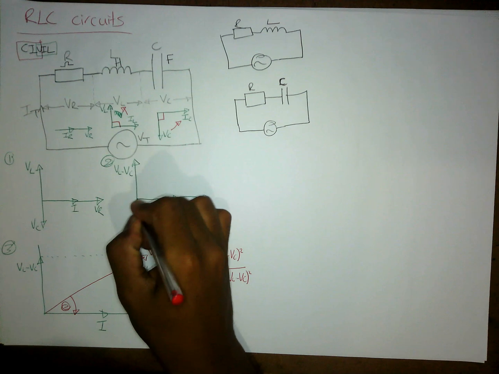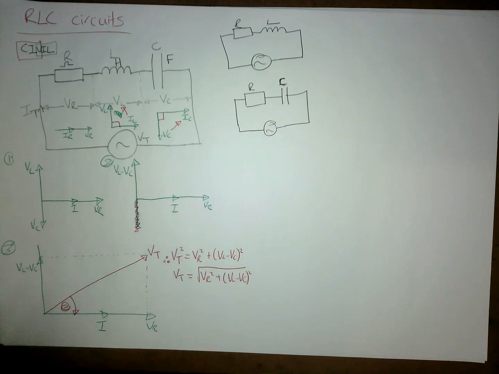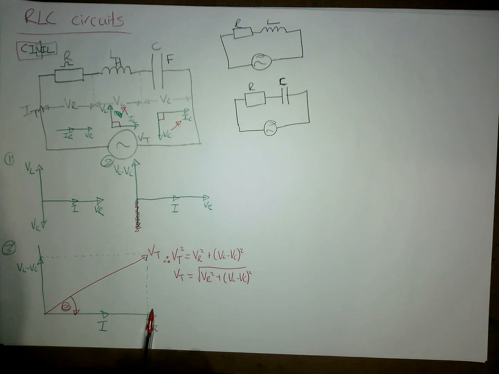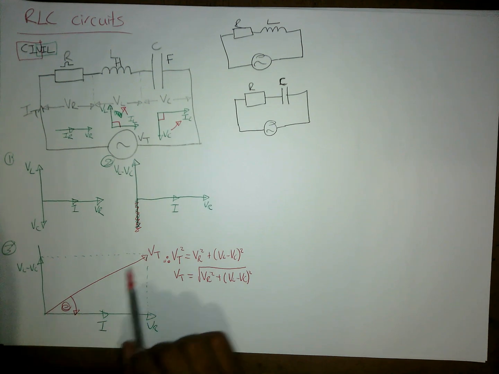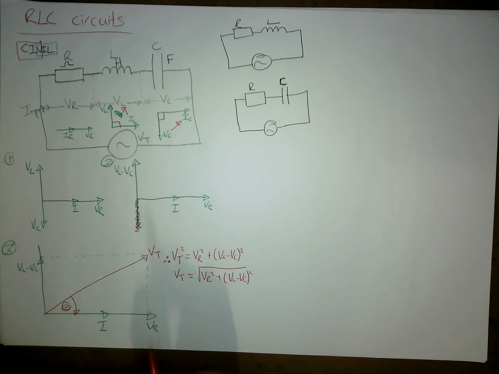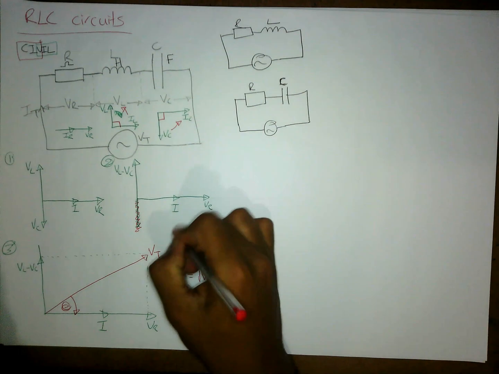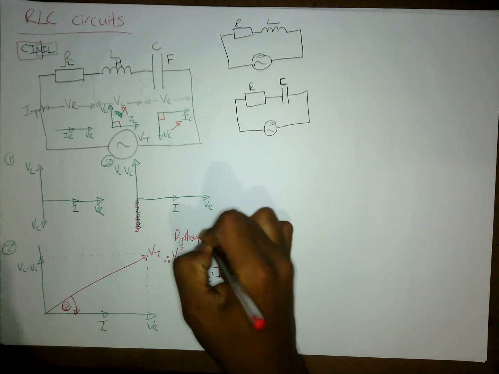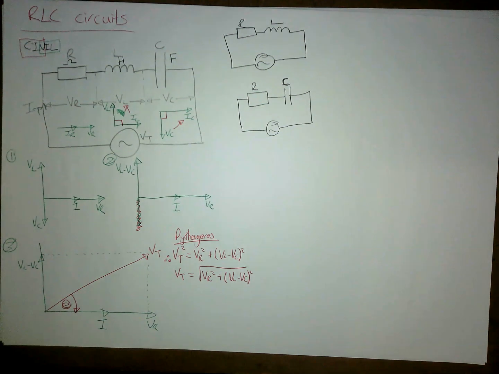Then the bottom falls away, and we are left with something that looks like this: VL minus VC. Then to get our total voltage, we do Pythagoras.